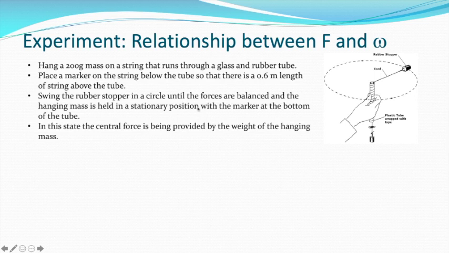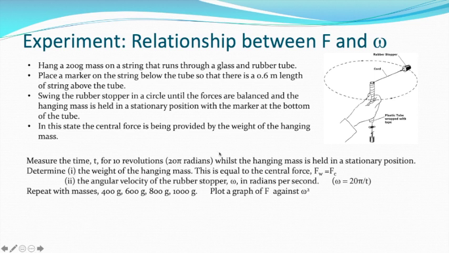So here's the instructions. We're going to start off with a 200 gram mass on the string. We've got our little marker on the string so that the radius is going to be kept constant at 0.6 meters. We're going to swing the rubber stopper in a circle until this mass is being held stationary with the marker in the correct location. When it's in this state, the central force is being provided by the weight of the hanging mass.